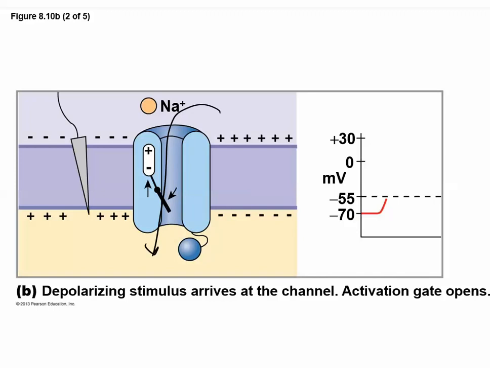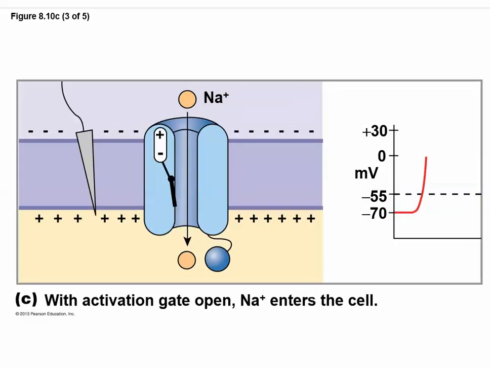So this sodium molecule is able to move in, and that's going to cause depolarization. At the point where this thing opens, that is our threshold, which is usually about minus 55 millivolts.